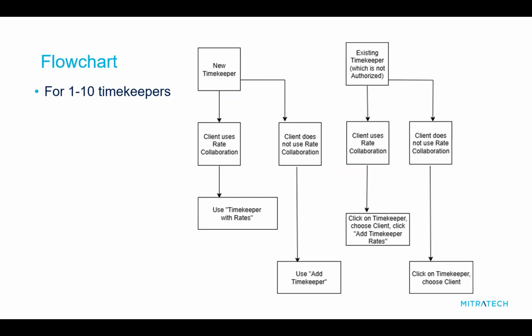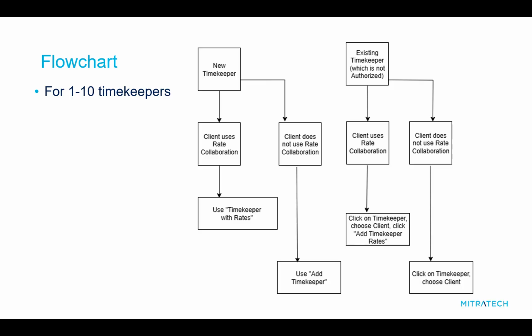Now here's a flowchart for 1 to 10 timekeepers. On the left, you'll see the new timekeeper and options if the client uses rate collaboration or not, and suggestions to use the timekeepers with rates or the add timekeeper option.